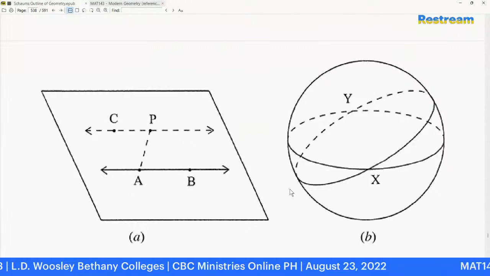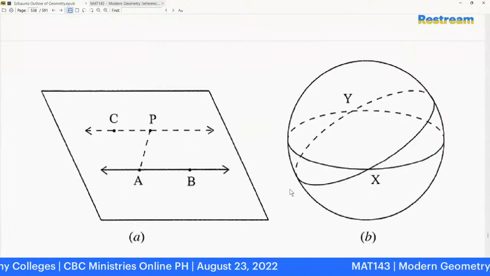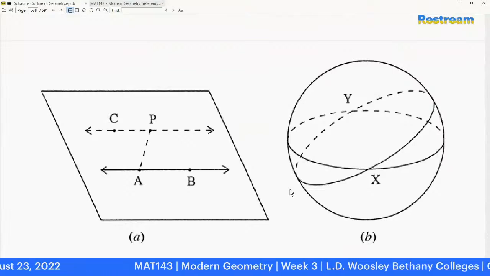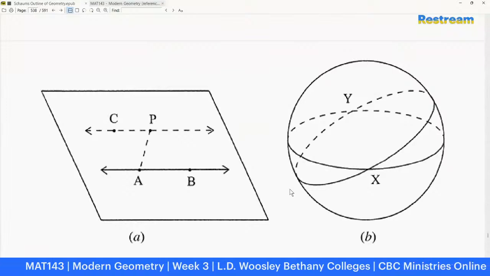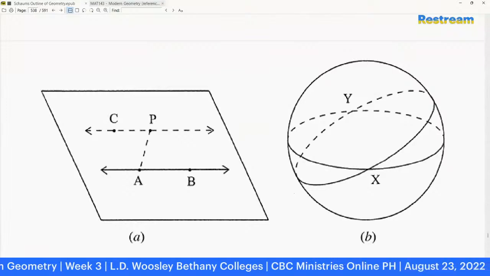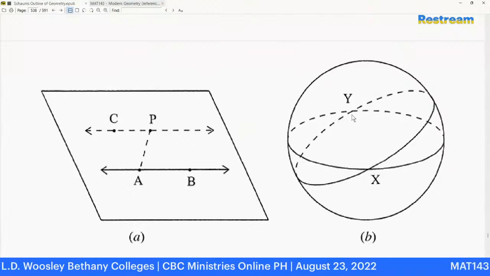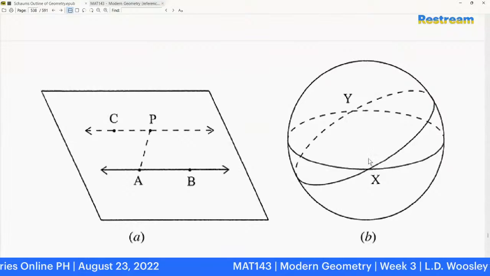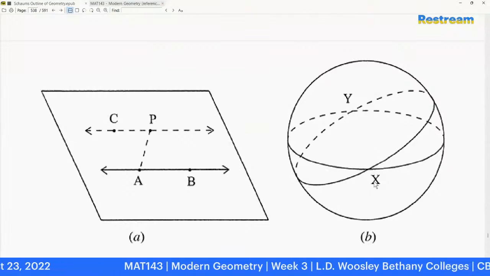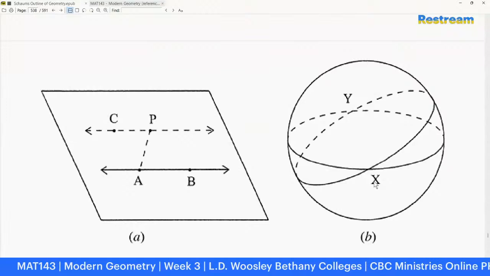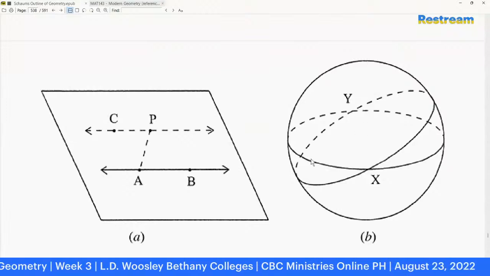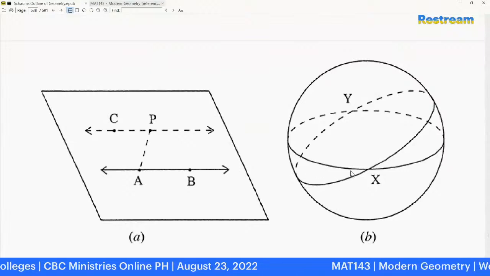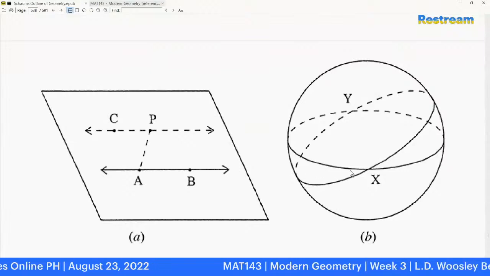So there is a contention now in non-Euclidean geometry when we talk about a particular point and a line. It seems not possible, because they always intersect at two points, in this case X and Y. Given a certain point and a particular line, you cannot construct a parallel line through the point.